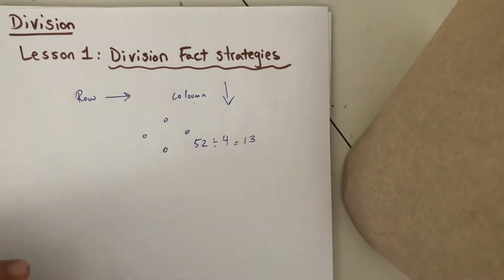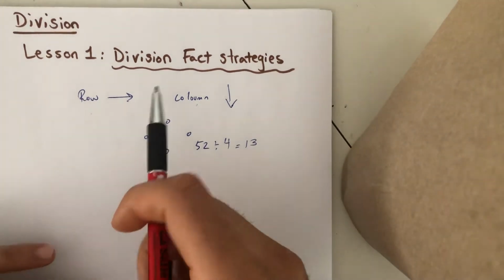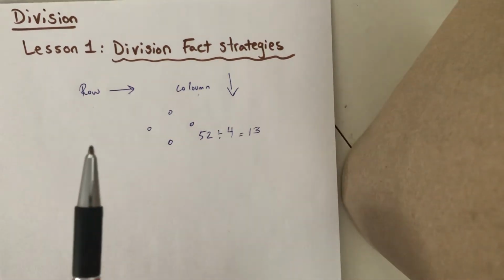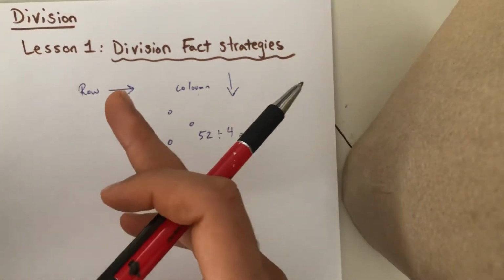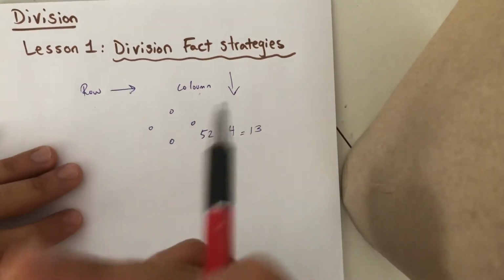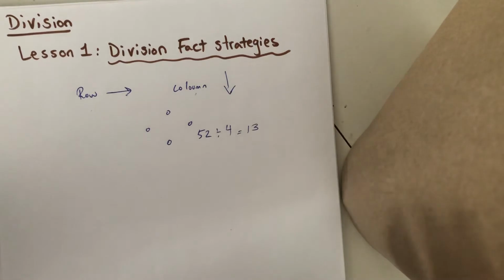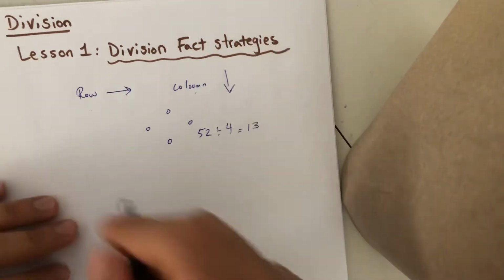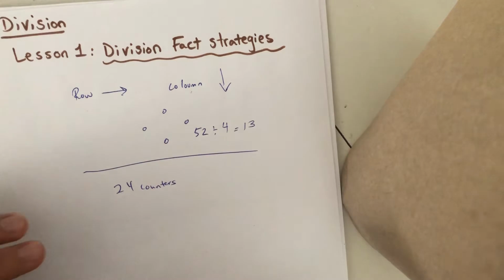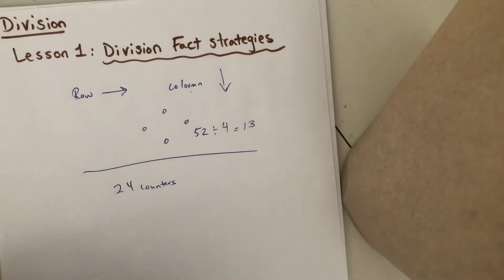Just like what I started by saying, that division is the opposite of multiplication, I'm going to be using some multiplication facts to find an answer, and then showing you how I use multiplication to get an answer for a division. For example, let's use 24 counters, and let's put these counters in arrays.